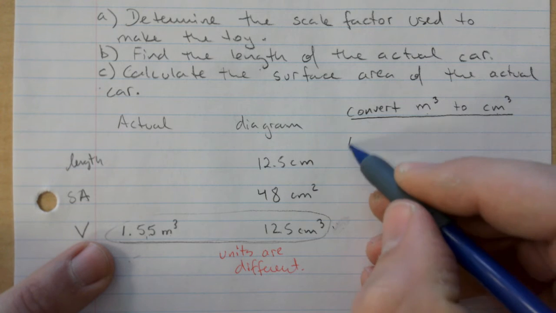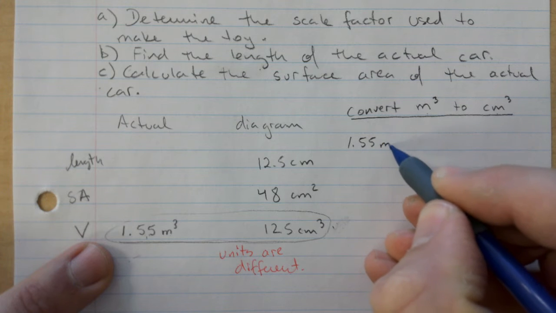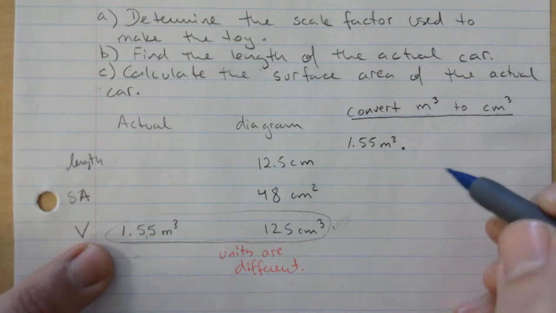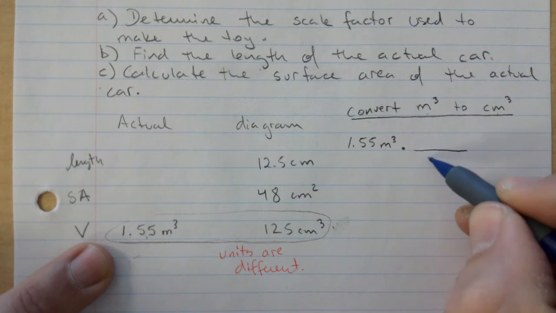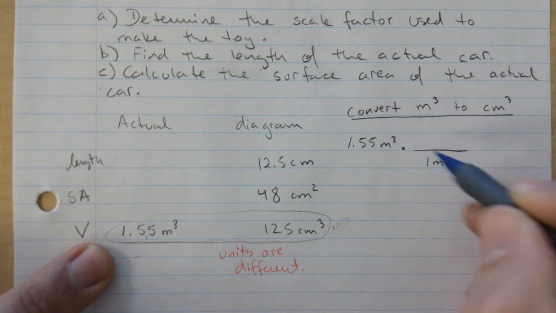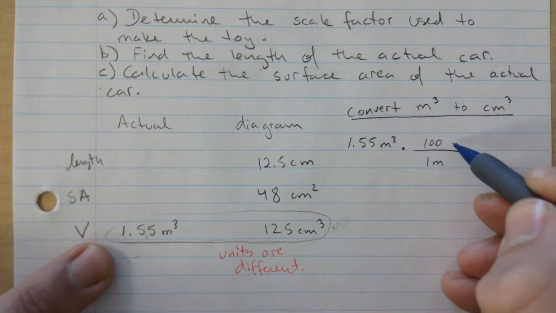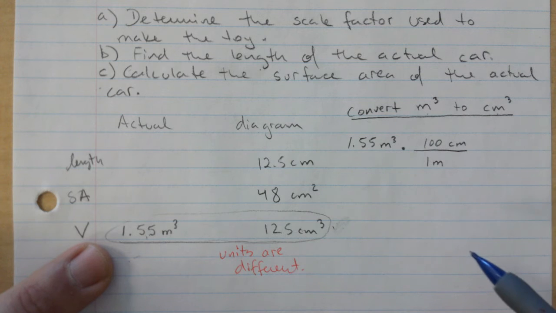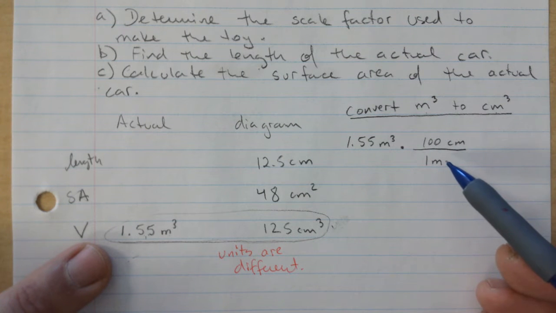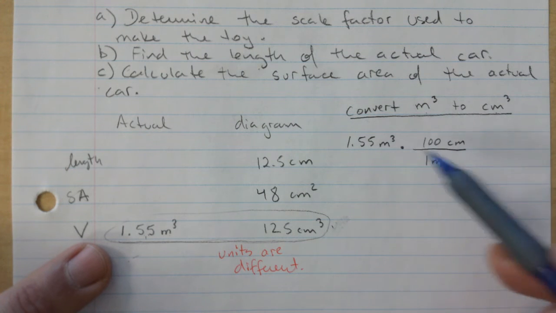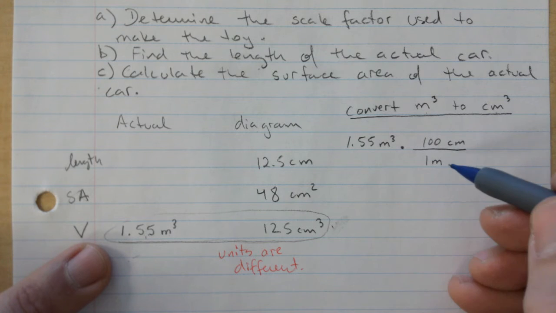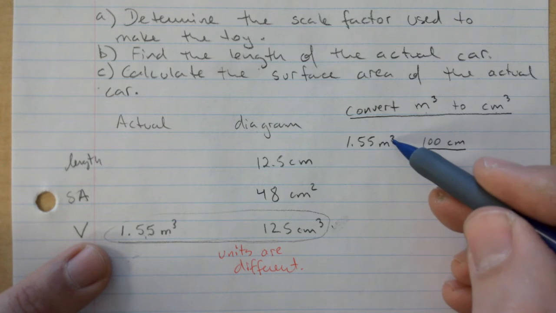So write this down, 1.55 cubic meters times. A lot of you did this. You went 1 meter because, hey, meter cancels with meter, and you put down 100 centimeters. And then you just went, it's so easy, right? Just cancel, cancel, cancel, and then you're done. But this is just meters, that's cubic meters.